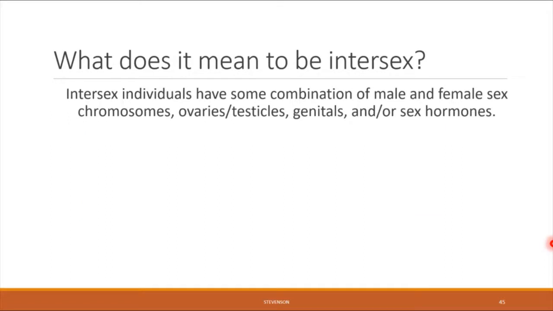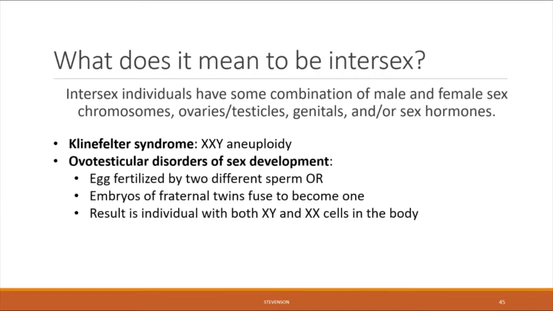An intersex individual is defined as someone with some combination of male and female sex chromosomes, ovaries and testicles, genitals, and or sex hormones. Klinefelter syndrome is one way to be intersex, but there are also a wide variety of other conditions that can create the intersex state, including ovotesticular disorders of sex development.